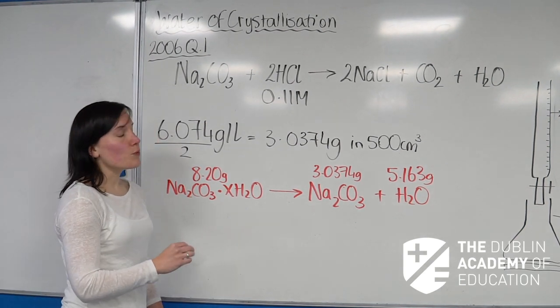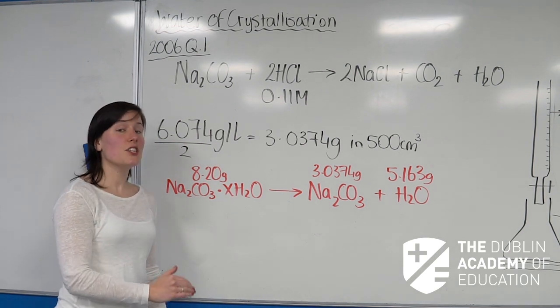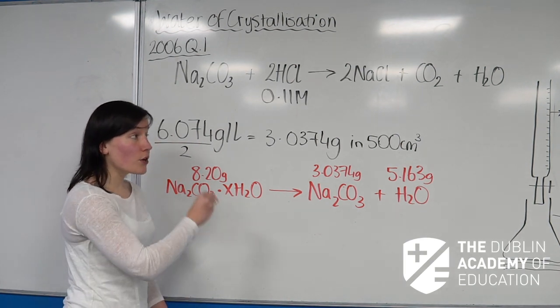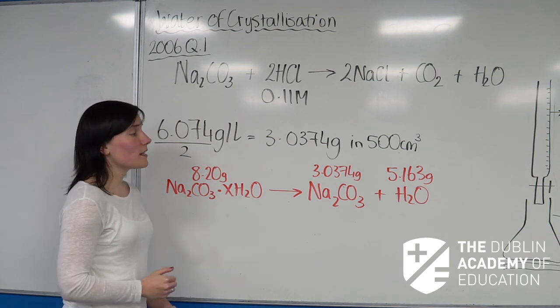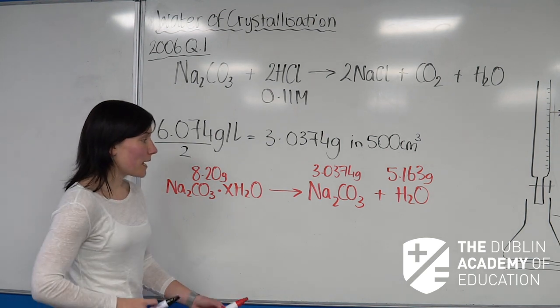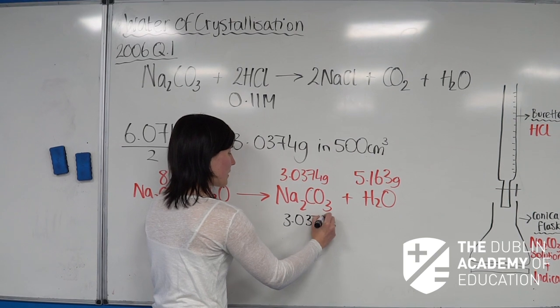To do that, we need to divide by the molecular mass in each case. We need to get back to number of moles, because we're looking at the ratio of sodium carbonate molecules to water molecules. So we bring this back to number of moles by dividing by the molecular mass.